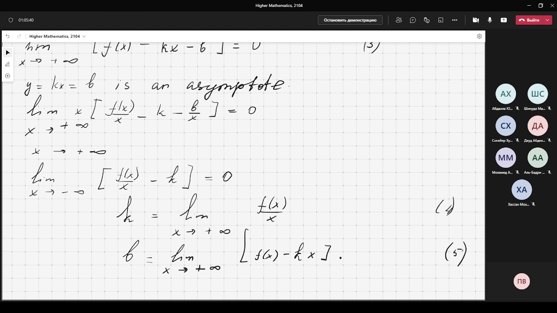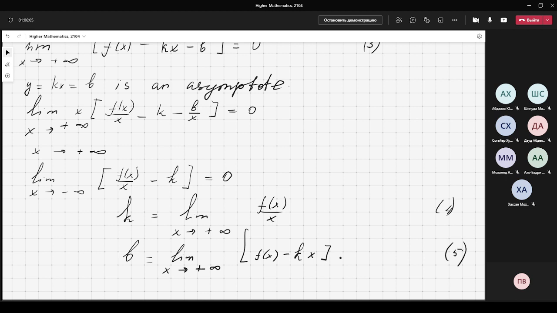Thus, if the straight line y is kx plus b is an asymptote, then k and b may be found from 4 and 5. Conversely, if the limits 4 and 5 exist, then 3 is fulfilled and the straight line y is kx plus b is an asymptote.